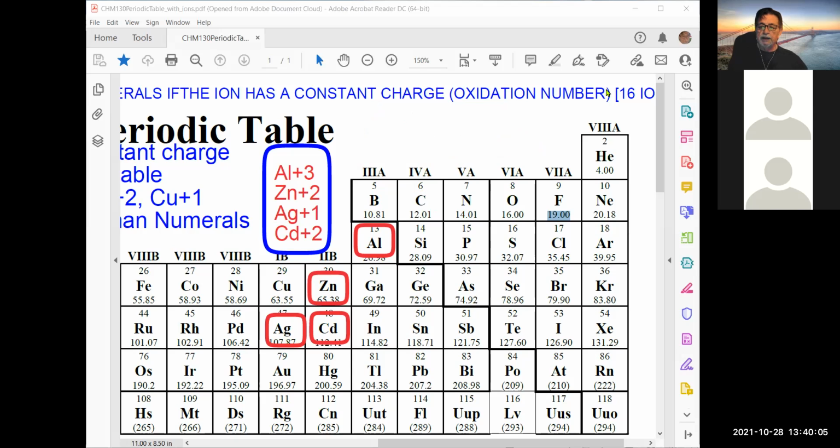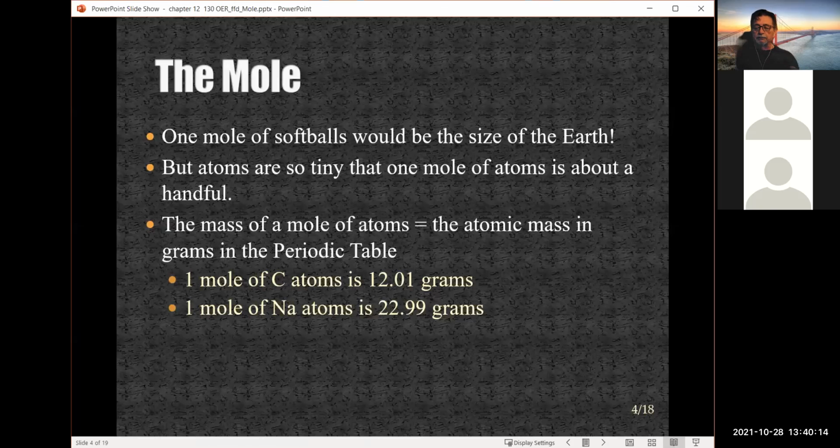All right, so let's go back to the chapter. And that's what this page was saying. It's telling you here that 1 mole of any atom by itself, either a monatomic atom or diatomic, is equal to its atomic weight. If it's diatomic, you just double the atomic weight. Let me write it this way.